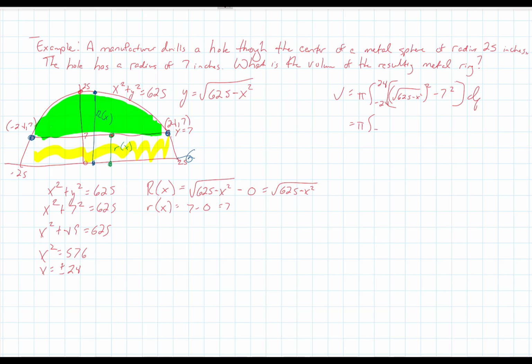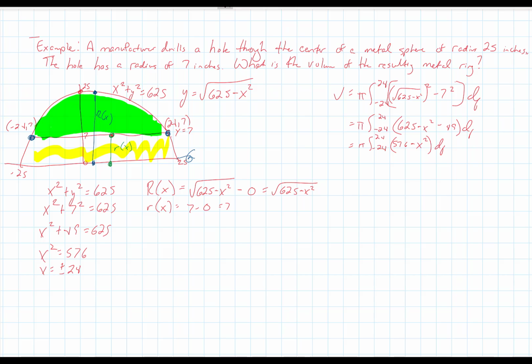And so I get pi times the integral from negative 24 to 24 of 625 minus x squared minus 49 dx, or 576 minus x squared dx, when I combine that 625 and negative 49.